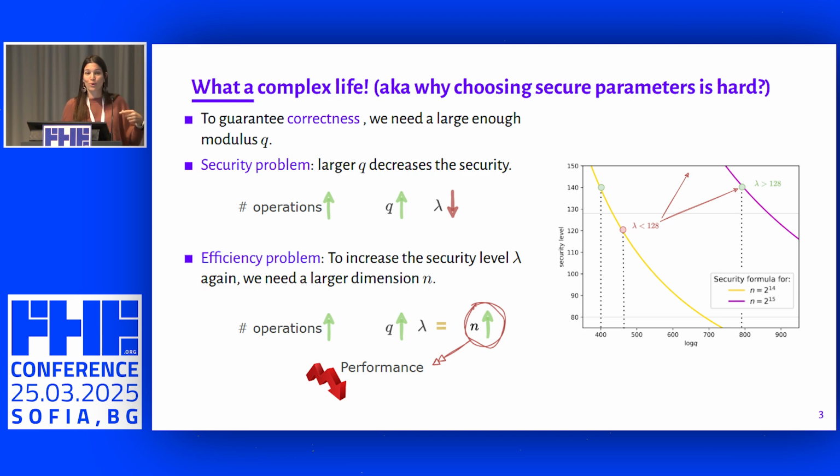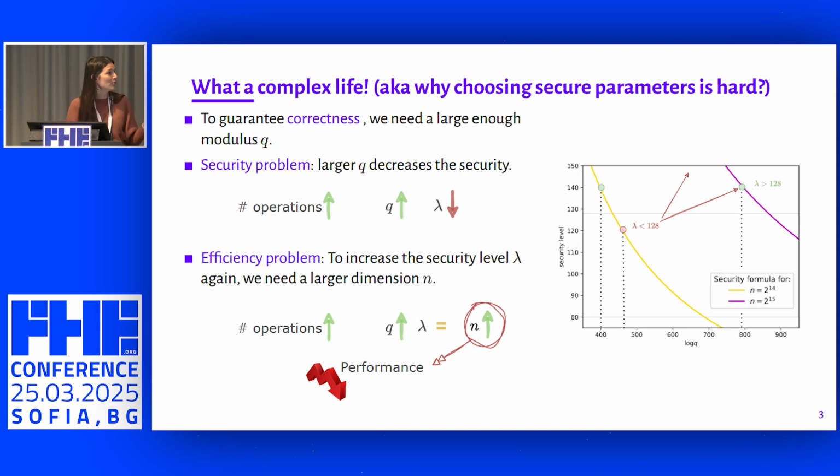And so if I want to go back to the previous security level, I have to jump to the next N. And of course, because we use powers of 2 for N, this jump is quite big. So the dimension increases a lot, and so the performance drops. So from one side, we need N and Q very small for efficiency. On the other side, we want N and Q very big for correctness and security.